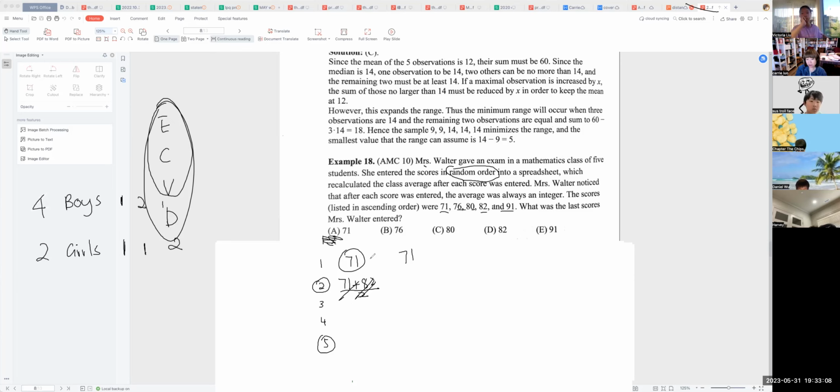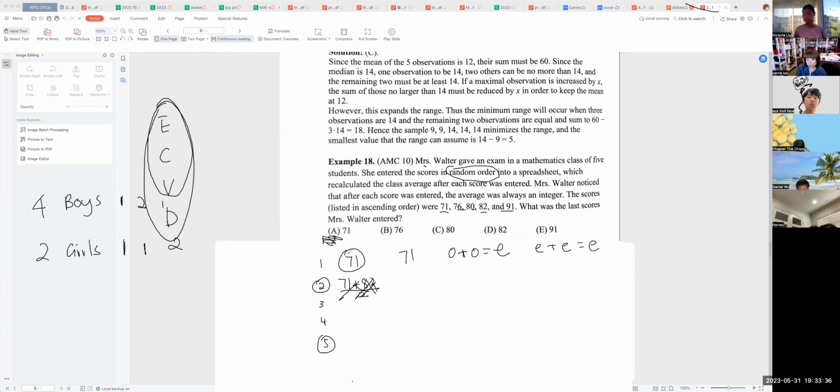If the first one is an odd number, the second one must be an odd number again, because odd plus odd equals even. In order to make the sum divisible by 2, everybody, the two numbers must be even plus even or odd plus odd. It cannot be one even, one odd, because then the sum becomes an odd number, which cannot be divisible by 2. Understand, everybody? Understand, Victoria?